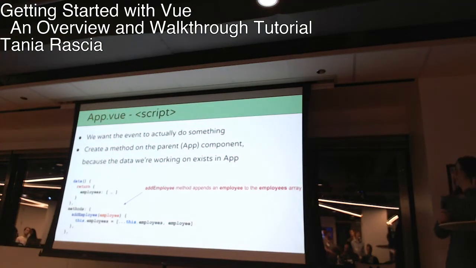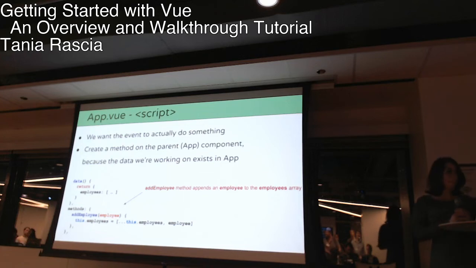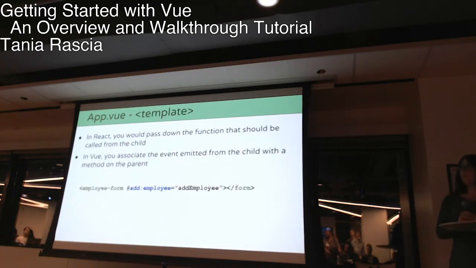So on app.vue itself, we're not receiving that emitted event, but we want to modify the original array. So in order to do that, you have a custom event that it's listening for. Just like there was @click or @submit, employee form is saying, I'm emitting an event called addEmployee. And on app, once that happens, call the addEmployee method.